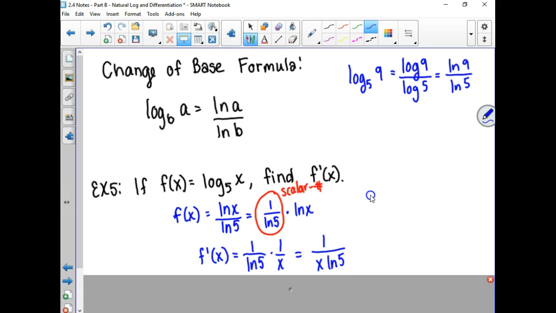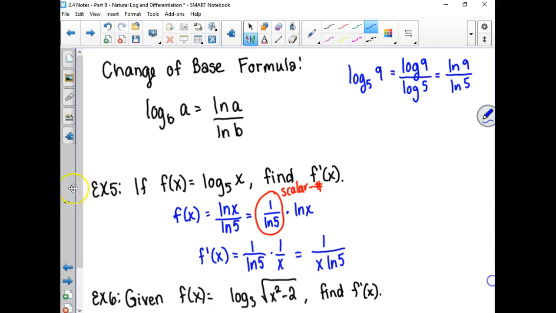So if you have to find the derivative of something that has a base other than natural log, then just use your change of base formula, and then basically you're just going to pull 1 over whatever number that is out front and leave it there, right? So let's do one that's more difficult.